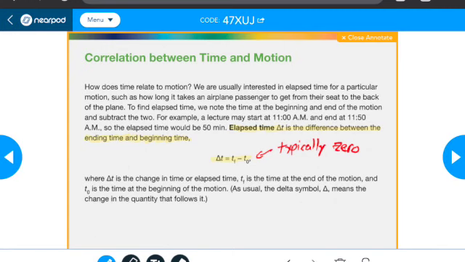Now, for our cases, mostly, we can set up things to ourselves so that we can make that initial time T naught be 0. So when that occurs, there's really nothing to do. Whatever final time we are given is our elapsed time as well. So we started at 0 and ended with our time.